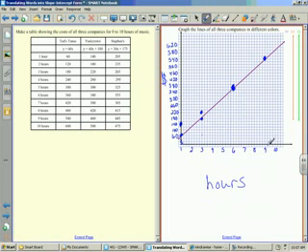And 9 hours is 460. Or let's use 10 hours at 500. 10 hours at 500 here. I've got Funky Town in orange so that I've got different colors representing the different companies.